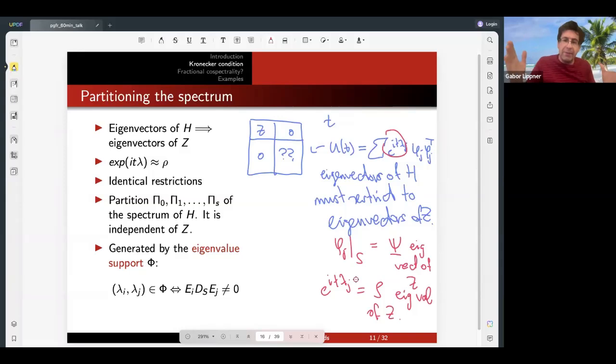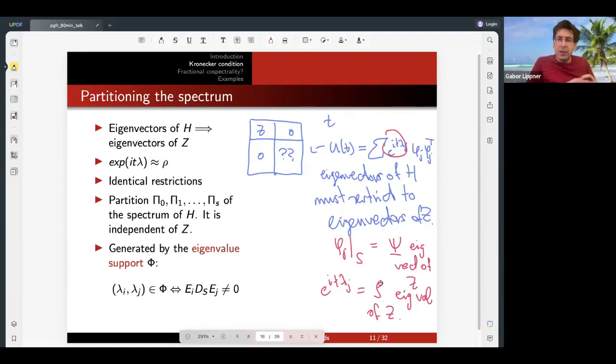So the two eigenvalues must be equal or approximately equal to the same eigenvalue of Z. So we get groups of eigenvectors of H where we know that the eigenvalues, the lambdas, must behave the same way at this time or at this sequence of times. It must approximate the same given eigenvalue of Z.